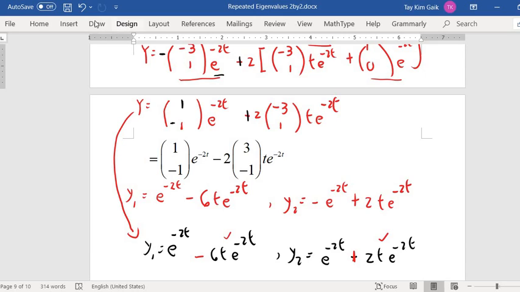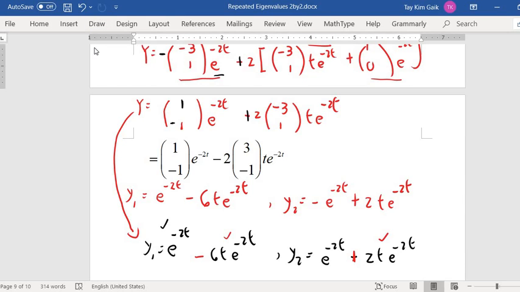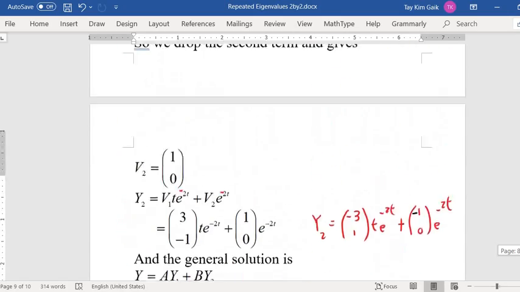So now both quotients tally. For y2, second row: negative exponent negative 2t plus 2t exponent negative 2t. So now both versions tally. Because we do two versions on the same paper, that's why it's a bit messy. So I repeat it one more time.